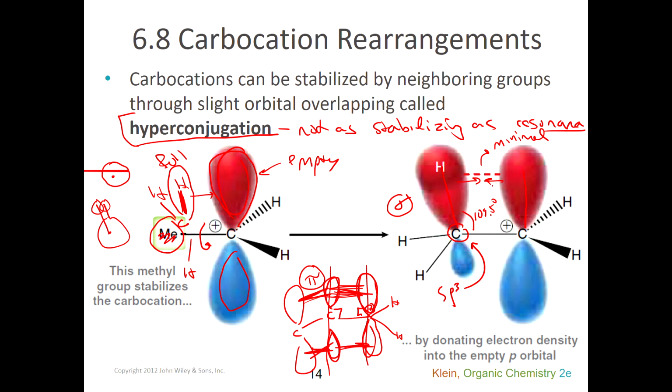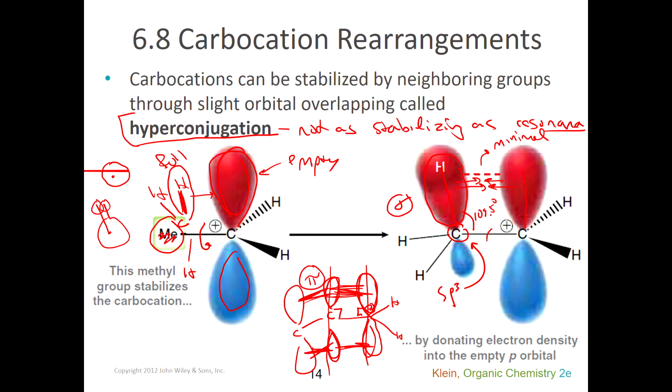It doesn't really put the electron density as much right in the area close to the nuclei. So there's some orbital overlap, and it allows some of the electron density of the sigma bond to shift over here in a molecular orbital that's created from that overlap, and that allows it to stabilize to, close to both nuclei, but not nearly as much as resonance because the overlap is not as effective when the orbitals aren't really side by side and one is kind of pointing away from the other.